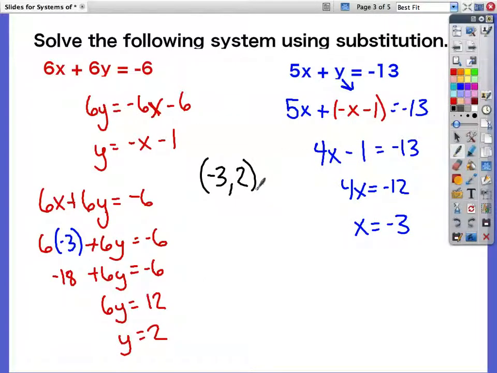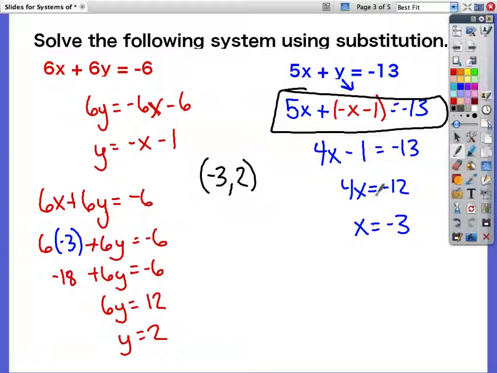Let me quickly recap, though, before I go to the next step. So what I did here was I first solved one equation for a variable, in this case y. I inserted what it said y was equal to into the other equation to get rid of the variable of y. And now you notice at this point right here, I'm down to one variable, just x's. So I can easily solve for x.